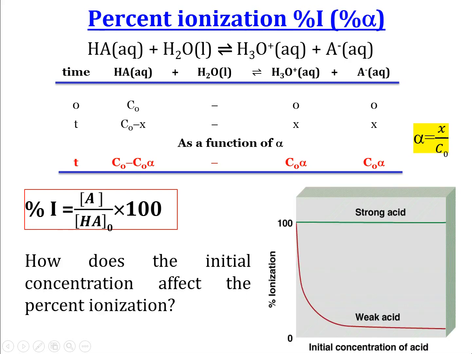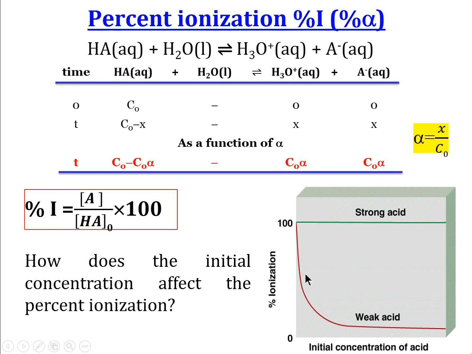How does the initial concentration affect the percent ionization? A strong acid dissociates completely to H3O plus independent of the initial concentration used. So the percent ionization of a strong acid is always 100%.